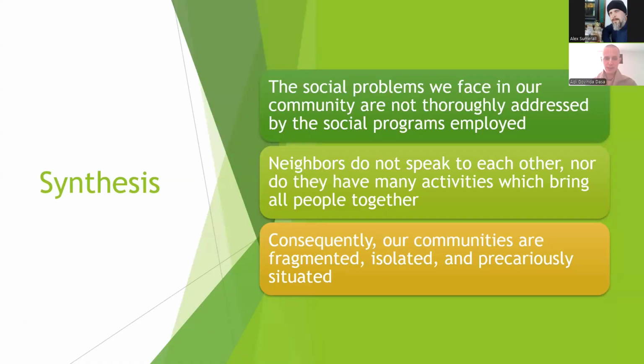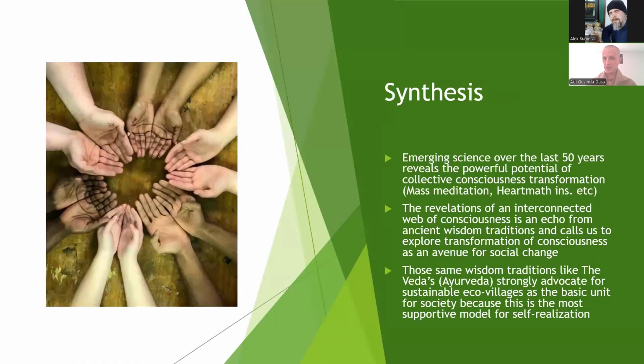So, in summary, the social problems we face are not thoroughly addressed by the social programs we're using. Our neighbors are not speaking to each other, and this makes our communities fragmented, isolated, and precariously situated. Some emergent science over the last 50 years reveals the powerful potential of collective consciousness transformation, where you all take spiritual life very seriously.